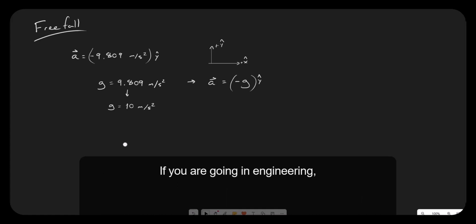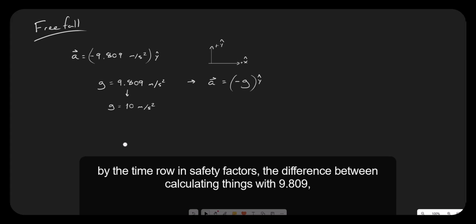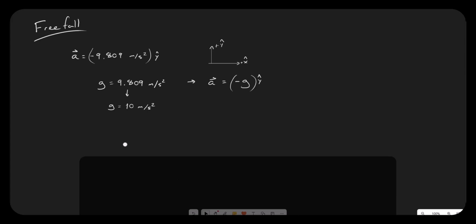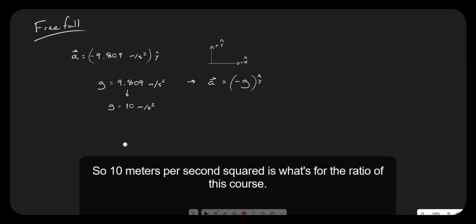If you are going into engineering, by the time you throw in safety factors, the difference between calculating these things with 9.809 and 10 doesn't show up anymore. So 10 meters per second squared is what we're going to use for the duration of this course.